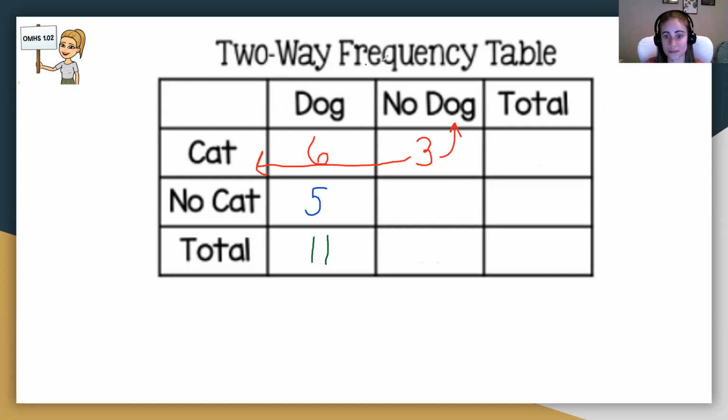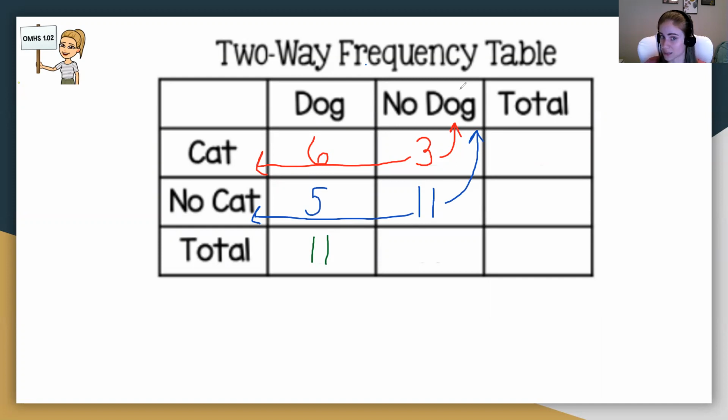All right. There were 11 people that don't have a dog and also don't have a cat. That's going to go in this box because this box overlaps with the no dog and the no cat. So 11 people had neither a dog nor a cat.